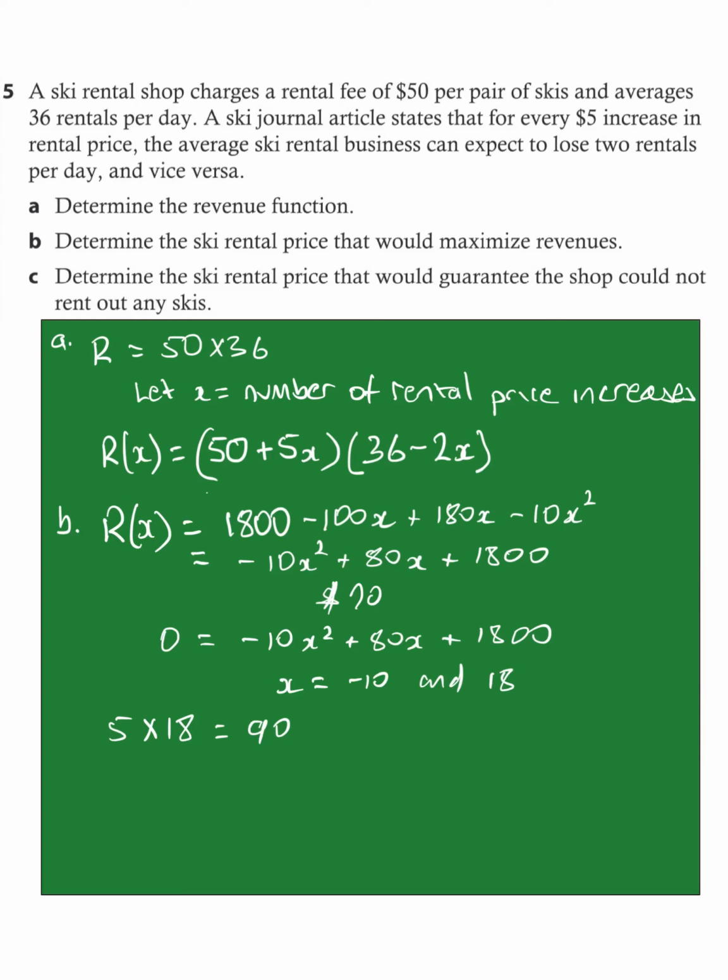So the final answer is 90 plus 50, which is $140. $140 would be the rental price that would guarantee this function equals 0. The function equals 0 when x is 18, and 18 times 5 is 90, and $50 plus 90 is $140.